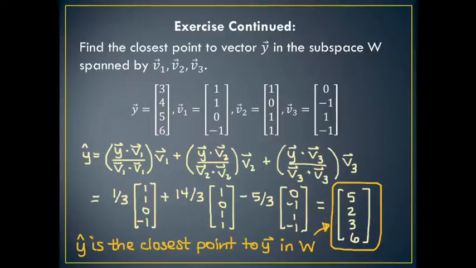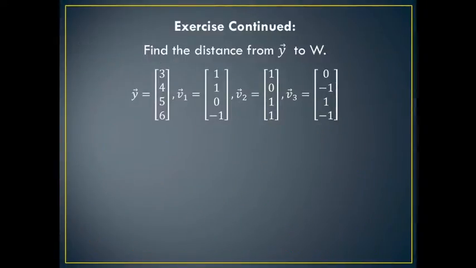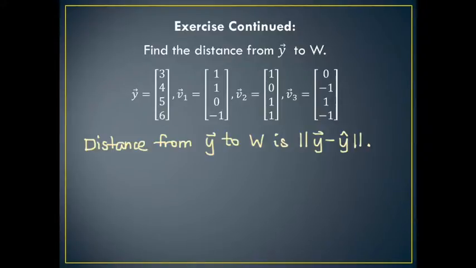Okay, now we want to find the distance from y to W. Okay, so we have y hat, we have y, and the distance was defined to be the distance between them. So distance from y to W is the length of y minus y hat, or distance between them.